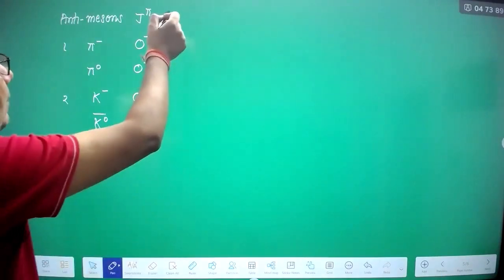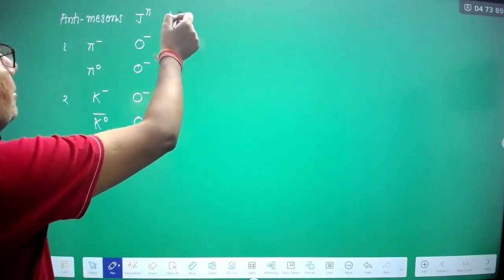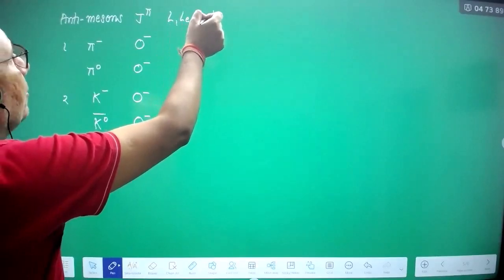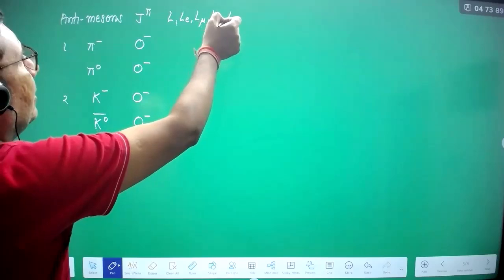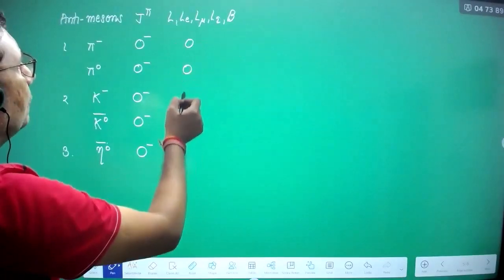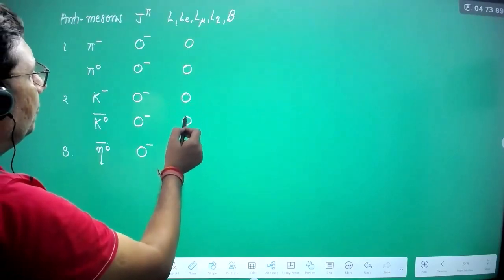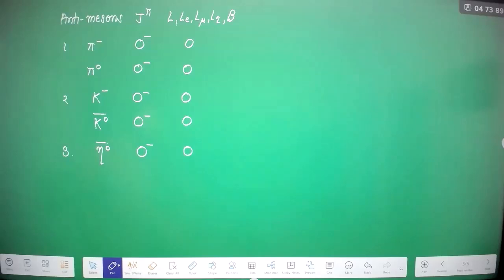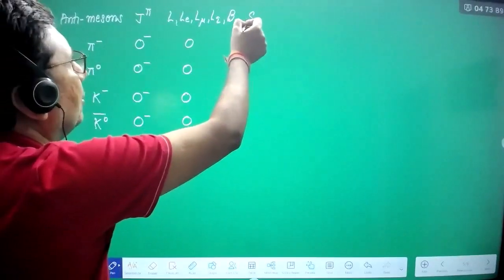Next is lepton numbers: Le number, L mu number, L tau number, as well as I'm writing the B number here. All these numbers are 0. They are not leptons and baryons, so these numbers are 0. They don't belong to that category. Next is strangeness number.